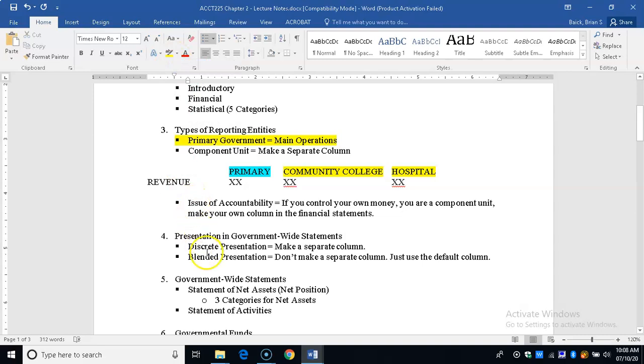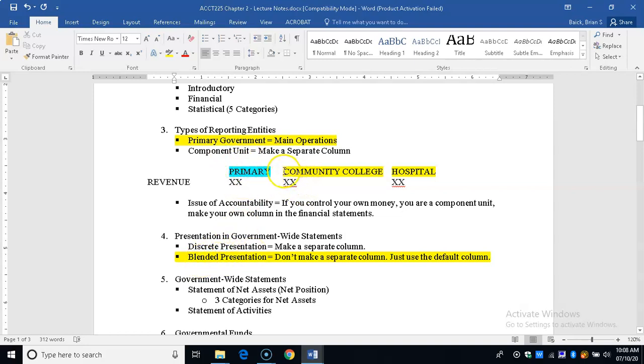Primary government is where you have blended presentation. Blended means you don't make a separate column. You just keep everything in the default column. So if I were to use only the primary government column, the default column, then that's called the primary government column, and that's called blending.